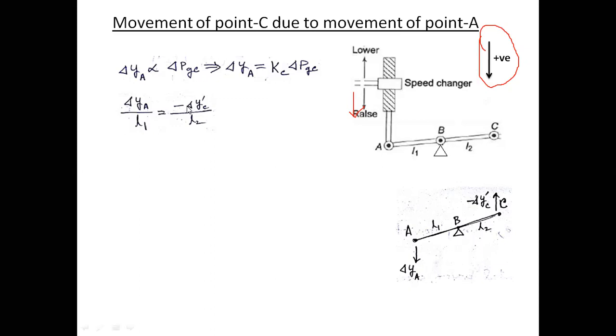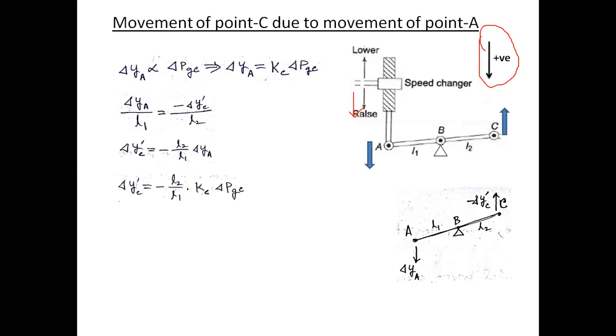And on the right-hand side, you have a negative sign. Why? Because when A moves downward in the positive direction, C moves in the upward direction, that is, the negative direction. Therefore, we take a negative sign for C. So minus del YC dash equals minus L2 by L1 del YA.